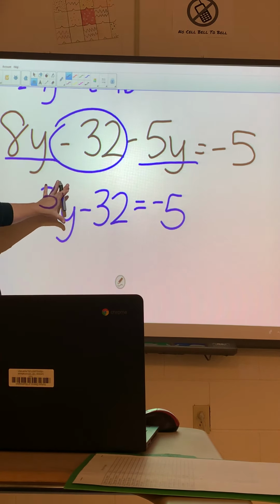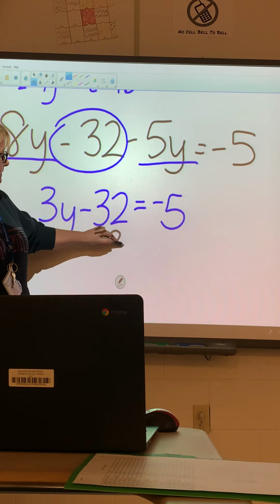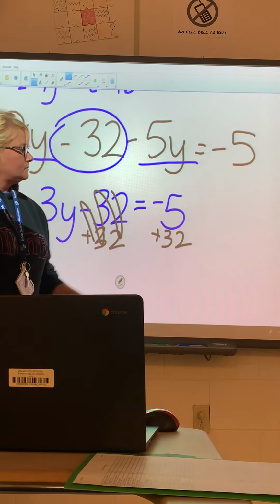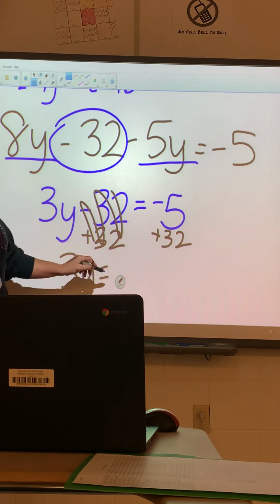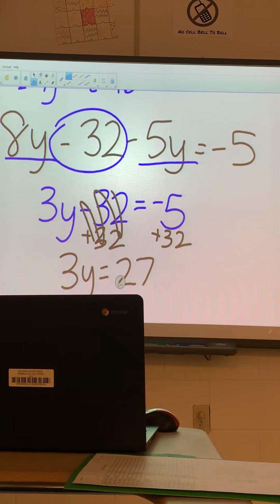I want this 3y to stay here, and I want to get rid of negative 32 or minus 32. So let's add 32. So now I have 3y equals 27.